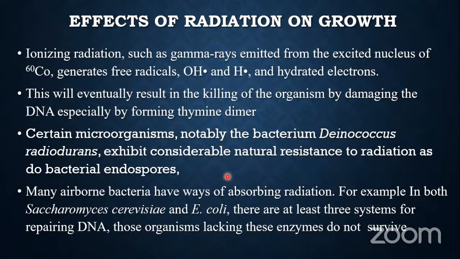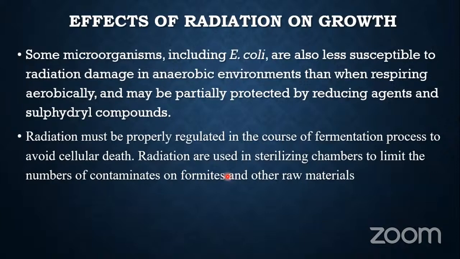And where do we get radiation from? The radiation is usually used in sterilizing environments. Some environments which we know popularly in the medical field, the theater, usually have radiation for cleaning the environment.